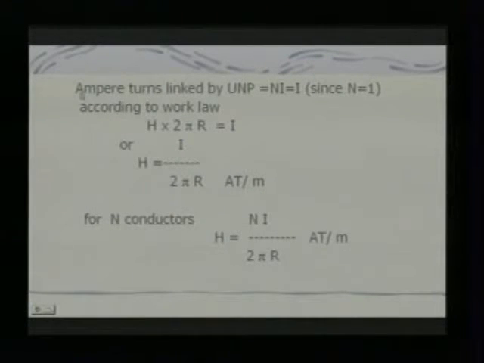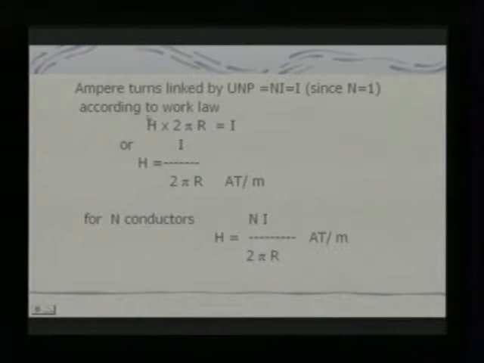Here the ampere turns enclosed or linked by unit north pole is equal to N into I, but here the number of turns is equal to 1 since it is a long straight current carrying conductor.